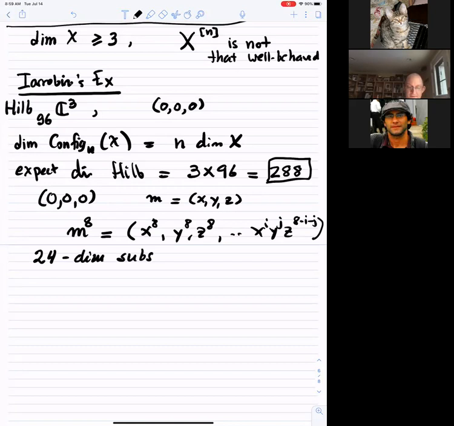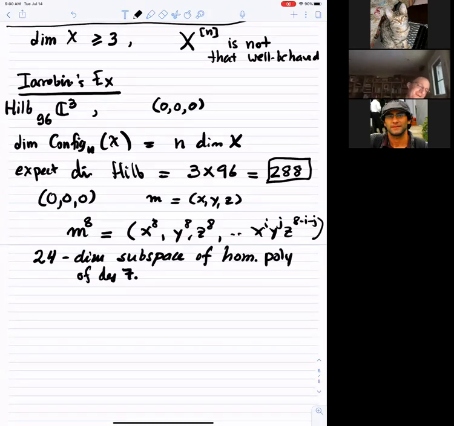All right, now let me also take a 24-dimensional subspace of homogeneous polynomials of degree 7. Again, I don't care what the subspace is. Take any subspace of the homogeneous polynomials of degree 7, like you could take x^7, y^7, z^7, and then put another 21 monomials in there, and look at the subspace spanned by that.